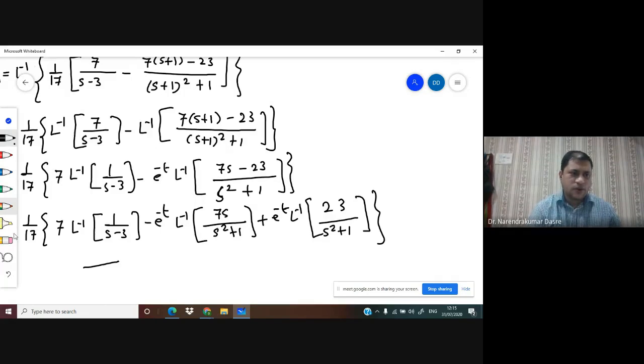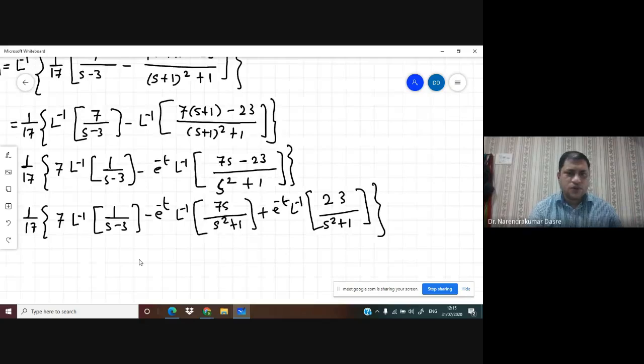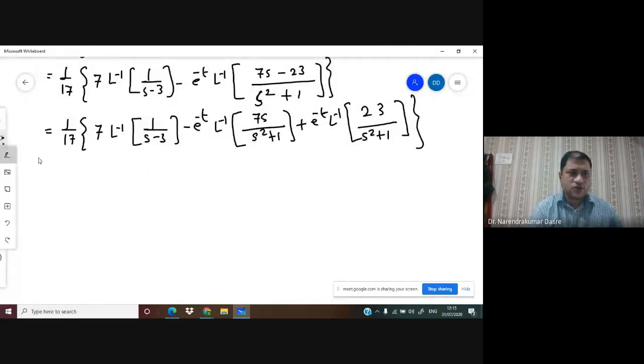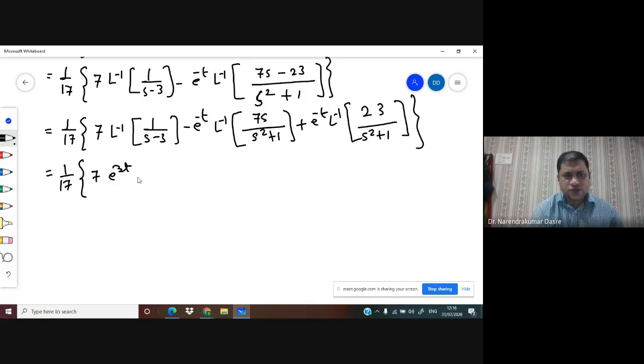Okay, and now simplify this. So we have 1 by 17 times [7 times e raised to 3t minus, this 7 you can take outside, e raised to minus t times cos of t plus 23 e raised to minus t times sine of t].